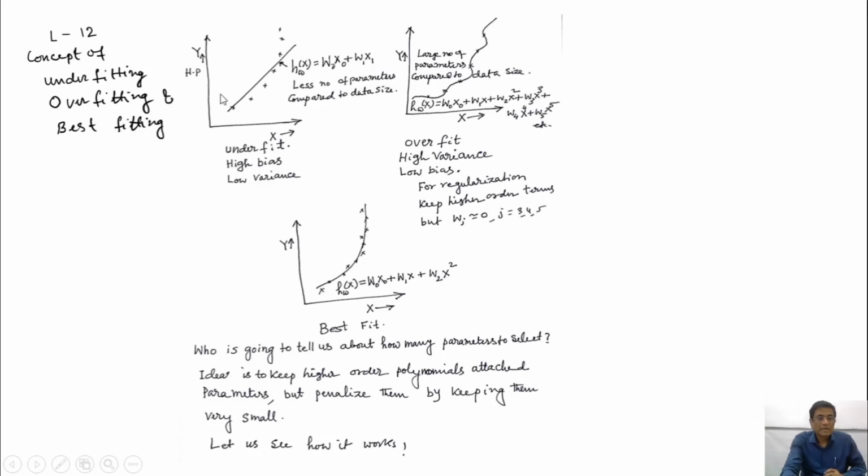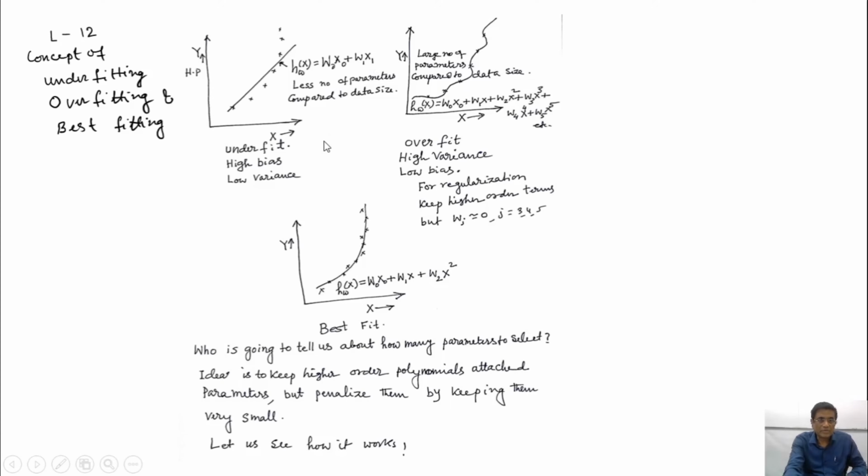You see, say we have some data which is visible, and ignoring the trend of the data, I have fit a hypothesis h parameterized by w of x equals w0 x0 plus w1 x1, which is a straight line.